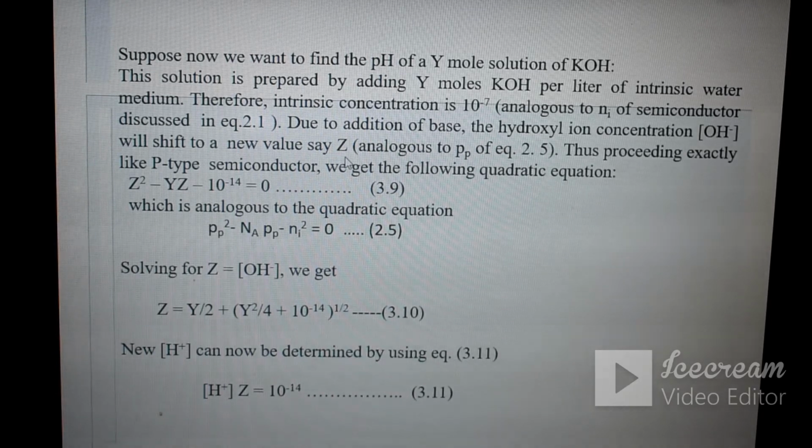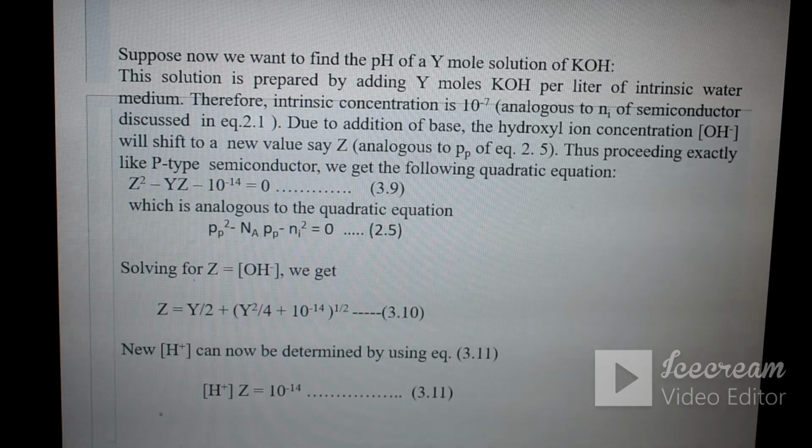But previously it was the shifting of hydrogen ion concentration. Now it will be the shifting of hydroxyl ion concentration, Z, analogous to pp of equation 2.45 discussed in the previous class.